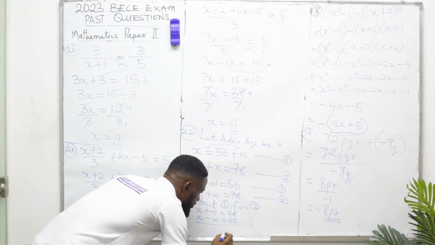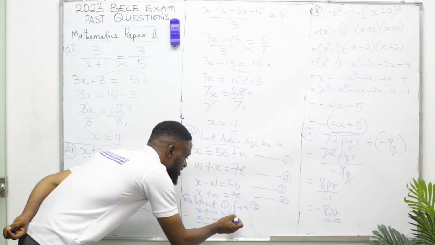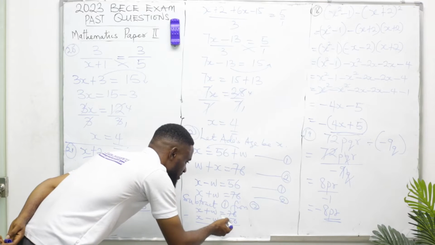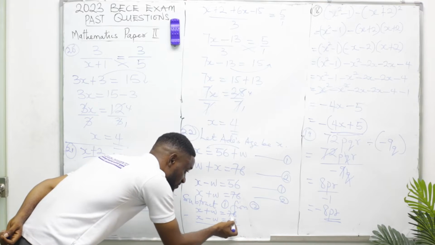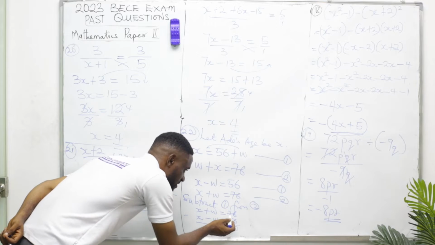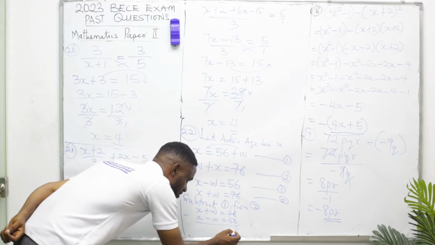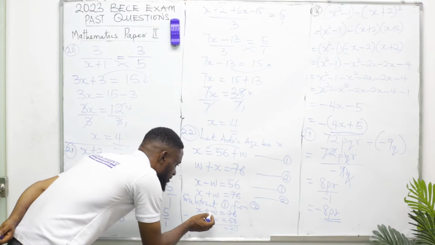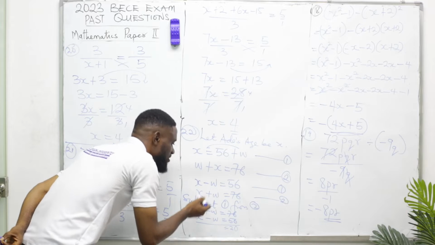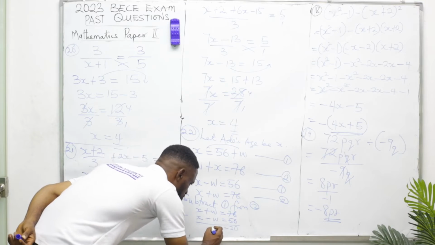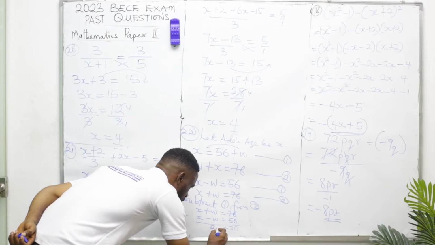So let's see what that will be. 76 minus 56. 6 minus 6 is 0, 7 minus 5 is 2, so that is 20 is equal to W minus W, W minus W, so it will give us 2W.